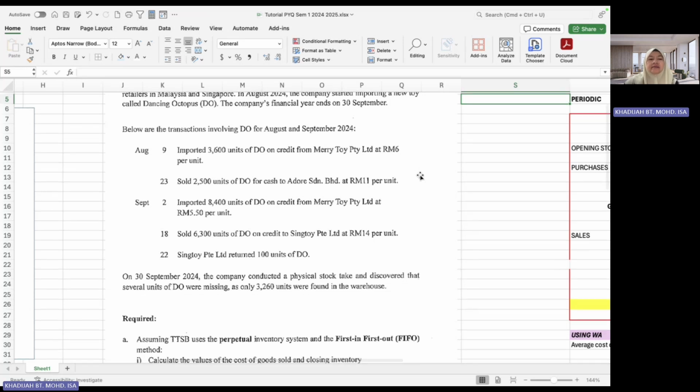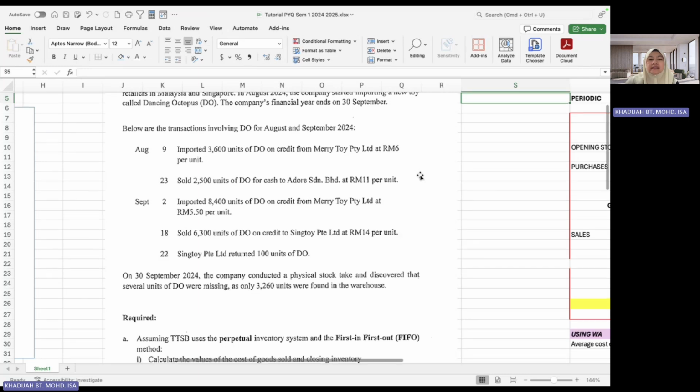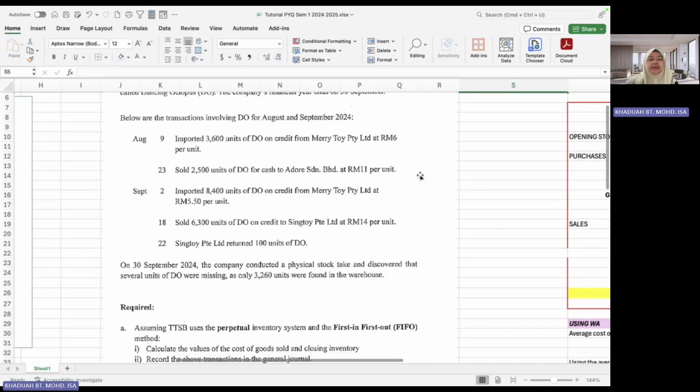On August 9, the company imported 3,600 units of DO on credit from Mary Toy at RM6 per unit. August 23rd, sold 2,500 units of DO for cash to Adore Neighborhood at 11 ringgit per unit.